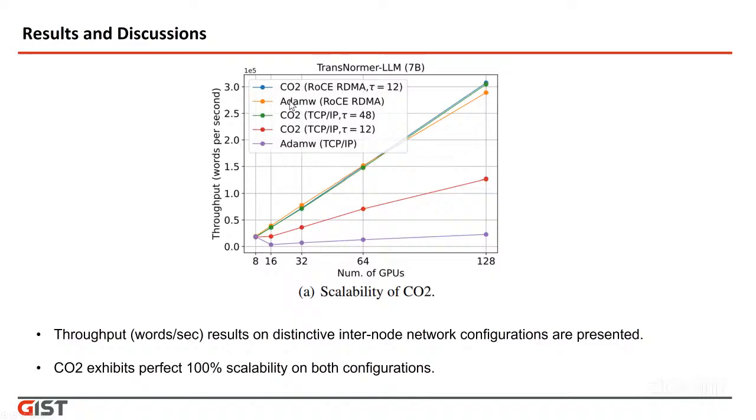So this is the standard Adam with high speed interconnect. It achieves higher linear scalability, but CO2, even with TCP at number of steps 48, achieves almost 100% scalability, equivalent to the standard Adam optimizer.